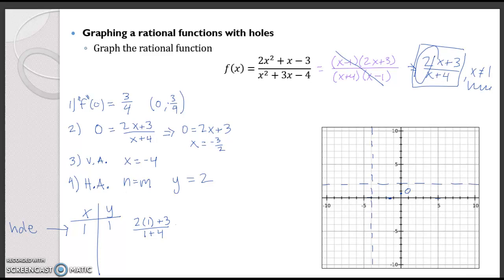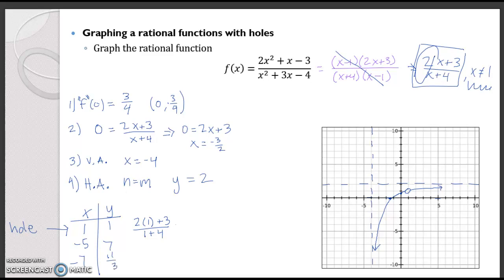Then I have these 3 points here, and I know my function's going to go towards my asymptotes, like that. And then I can plug in some points on the left-hand side of my asymptote of -4. When I plug in -5 to my function, I'll get 7. And when I plug in -7, I'll get 11/3.